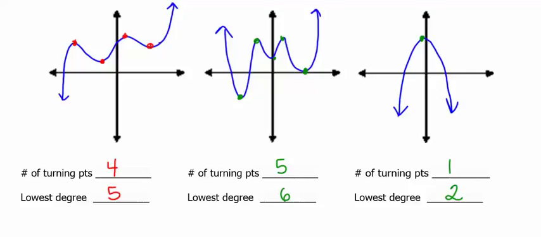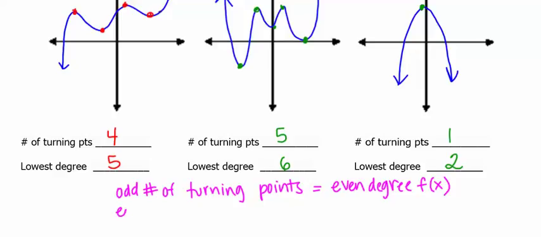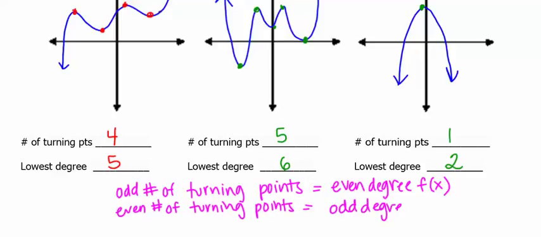So odd number of turning points equals an even degree polynomial. We'll call it an even degree function. And an even number of turning points equals an odd degree function.